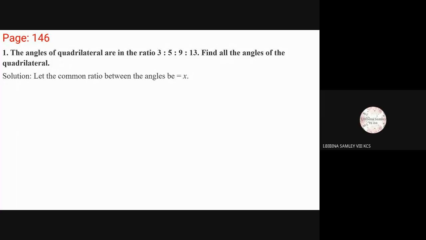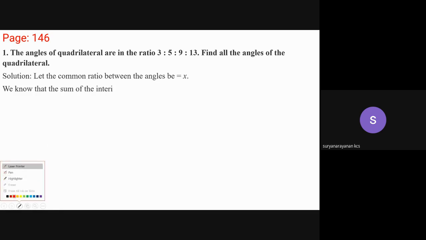Let the common ratio between the angles be equal to x. All of you able to see the screen now? Yes, sir. Now we go ahead. First of all, we have taken the common ratio between the angles as x.